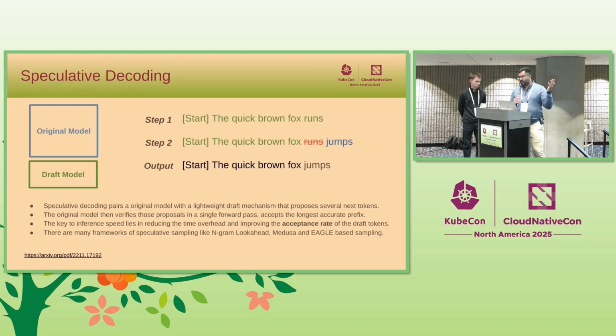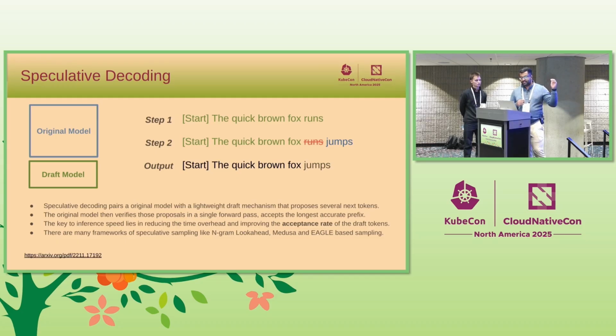So next, we talked about quantized models or smaller models in general being faster, but they struggle in terms of accuracy in comparison to bigger models. Speculative decoding is yet another technique that pairs a larger model with a smaller model or a lighter draft mechanism to propose many tokens at once. So in step 1 here, the draft model is generating many tokens quickly.